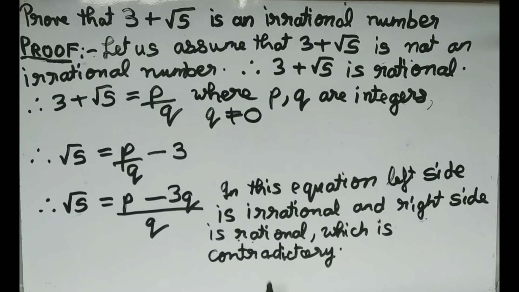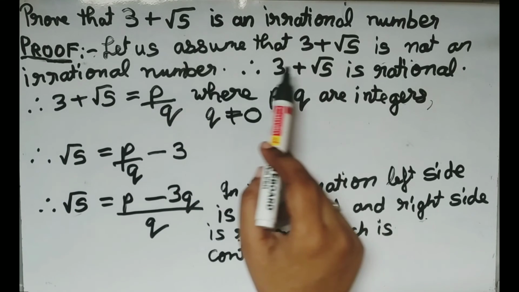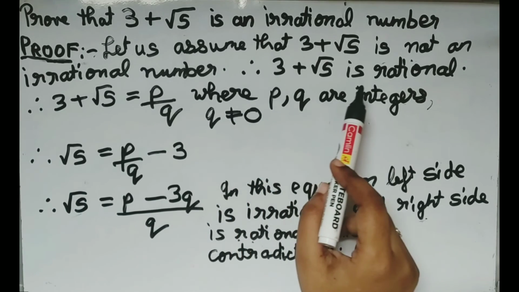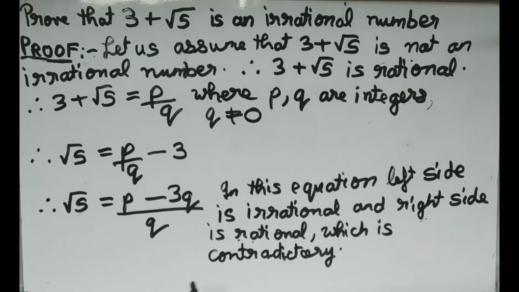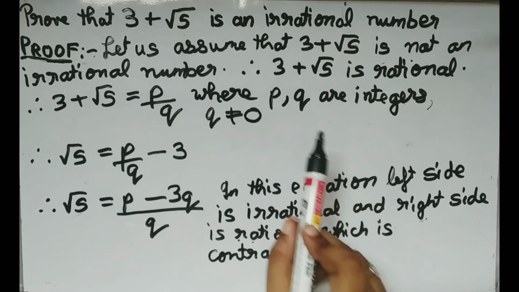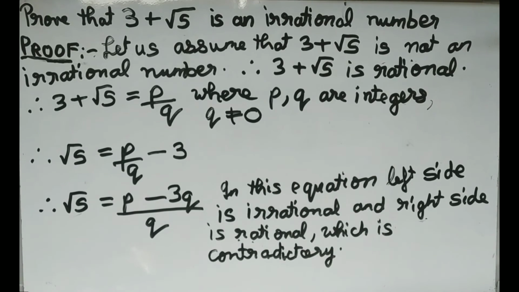Here we are getting this contradiction. Why are we getting this contradiction? Because we have assumed that 3 plus root 5 is rational. We assumed this, so this is wrong. So 3 plus root 5 is not rational.